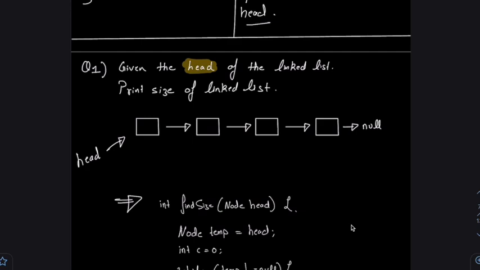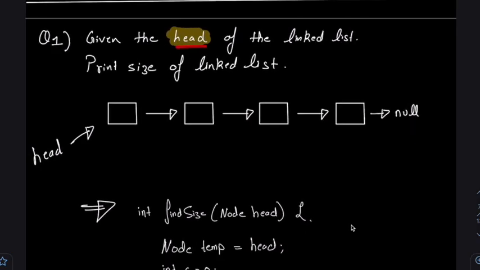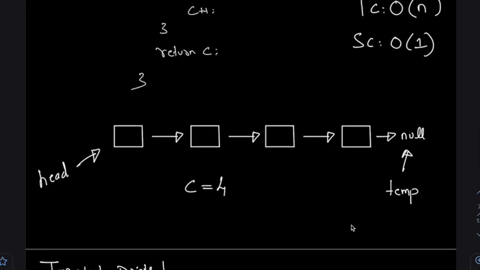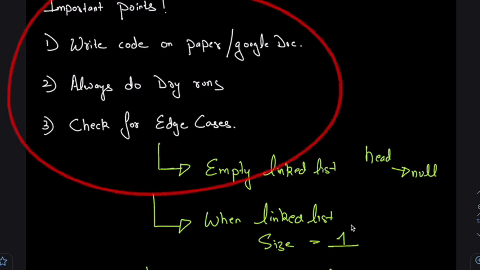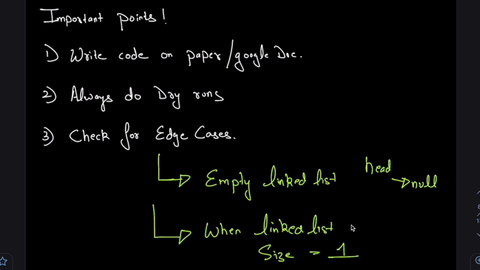From here on, we just did a lot of questions. Every question was important. I think we started with simple questions first. Given the head, print the size of a linked list, easy traversal, figure out the size, get the answer. Next, now this is a very important point. Here we discussed how to solve problems of linked list. Linked lists are important. They are simple also in my opinion, but they are tricky.